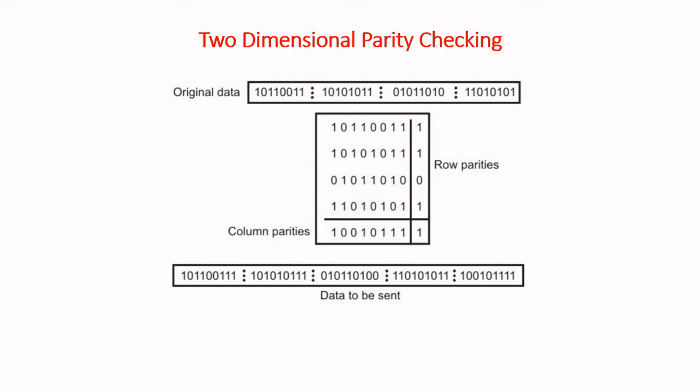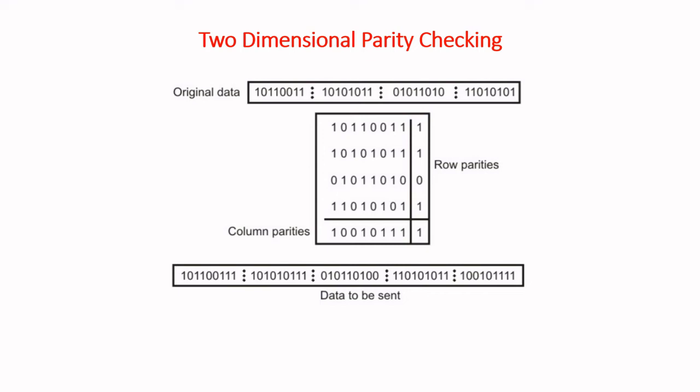In the third row, the number of ones is 4, so 0 is added as a parity bit. In the fourth row, 11010101, the number of ones is 5, so 1 is added as a parity bit for making it 6, even. So in this way row parities are calculated.